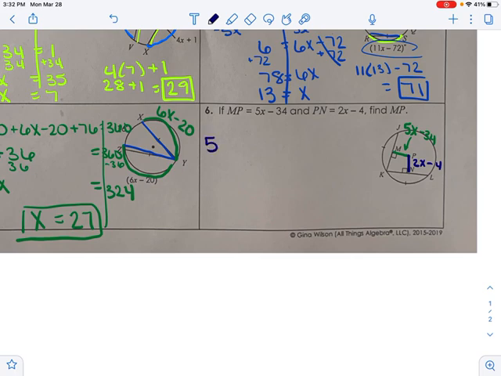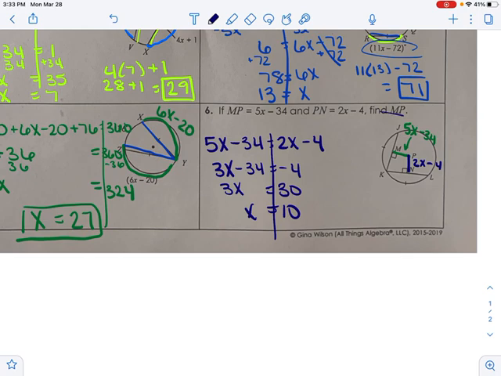So we're back to taking the two things and setting them equal to each other. So x should be 10. But again, they say find MP. So instead of 5x, we do 5 times 10, and then 34. So 50 minus 34 should get us 16.